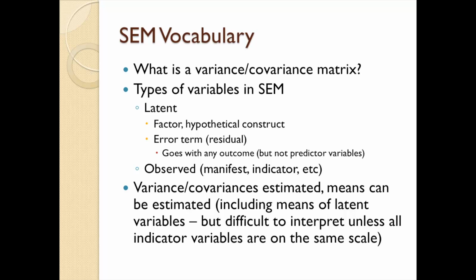So on a latent variable, let's say we have 4 indicators that are part of a latent variable. If those indicators follow different scales, like one of them is 1 to 5, and one is 1 to 3, and one is 1 to 15, or 1 to 20, then if we estimate the mean and the variance of a latent variable that those are all indicators for, the mean of that latent variable doesn't really correspond to any one of the individual items. It is a composite for all of them.